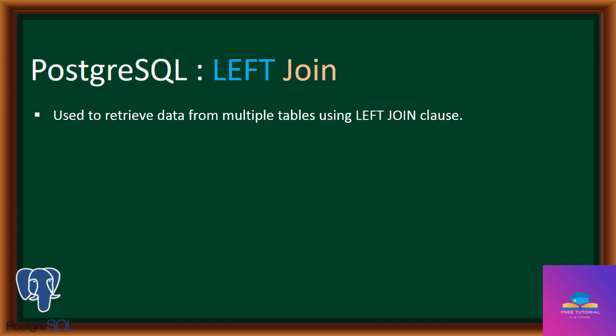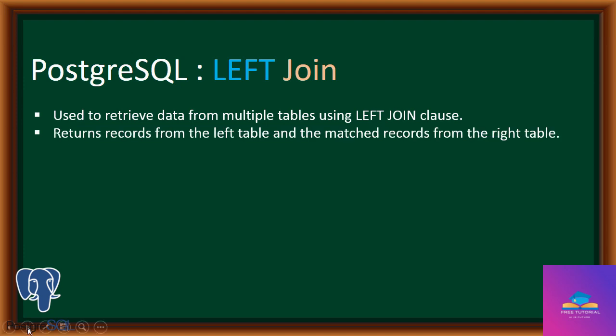If there are no matching records from the right table, nothing is returned from the right table, but it will return all the records from the left table.